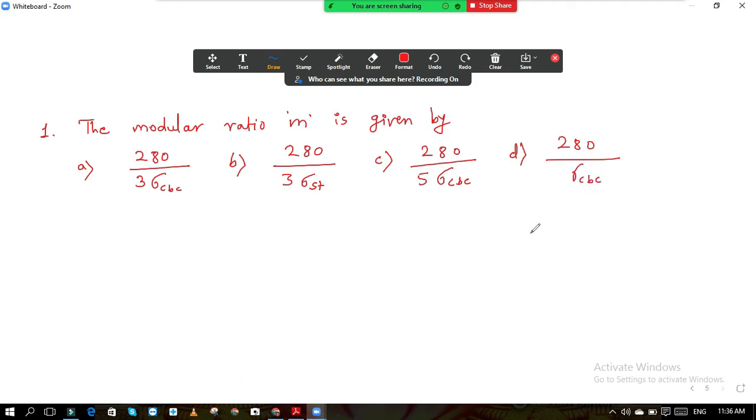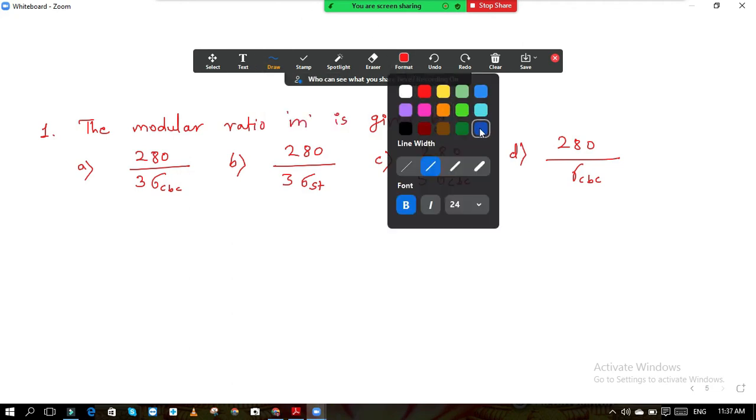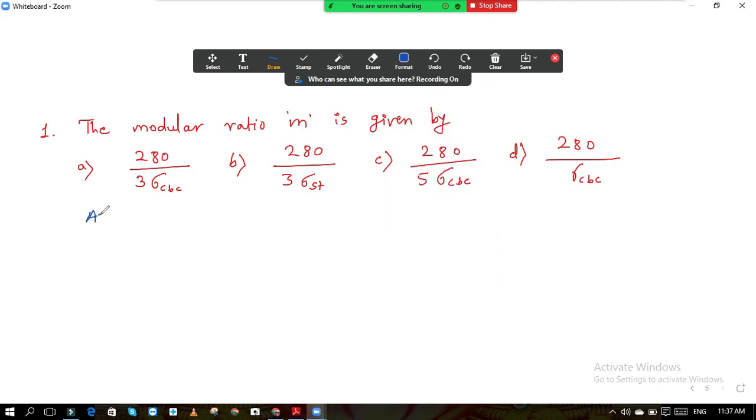Now this is the formula for modular ratio in the working stress method, and that formula is the answer for this question. It is answer number A, 280 divided by 3 sigma CBC. You remember this because this is the formula. So the answer is option A.